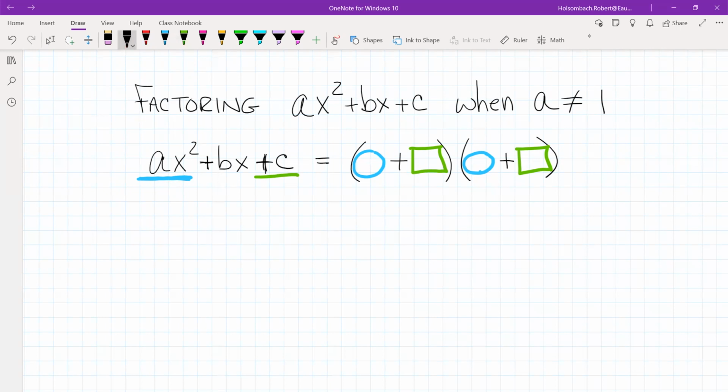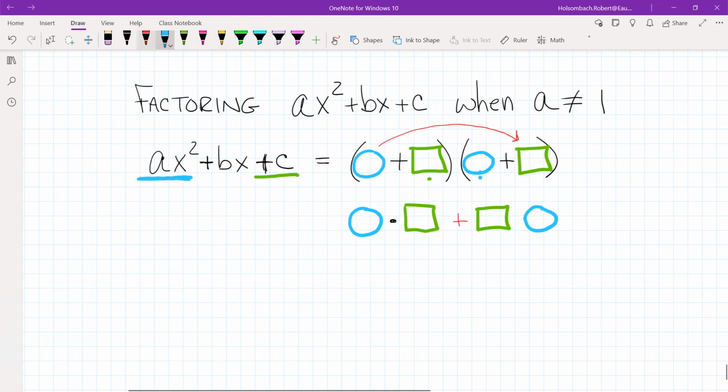And if we do the distributive property to get to this middle term, what we end up with is that this first term value, whatever value the blue circle holds, times the green square, which represents these two, plus whatever's in this second position here times this position, has to equal this positive bx, or has to equal bx.